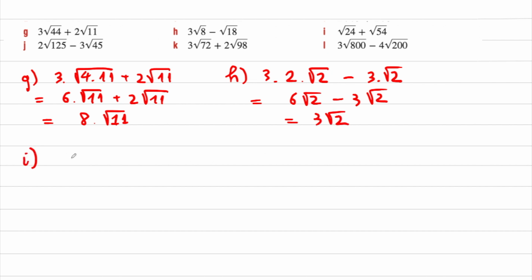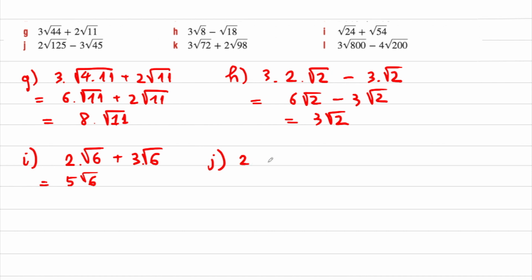Question I. 4 times 6 means 2 times square root 6 plus 9 times 6 means 3 plus 3 times square root 6, and then 5 square root 6 here. Question J. 25 times 5.